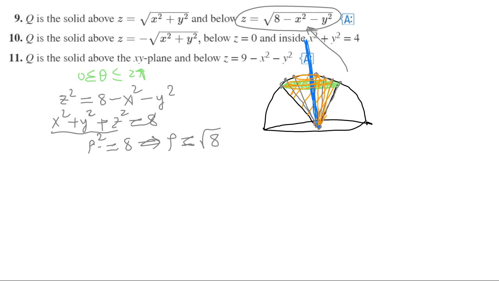The maximum value for phi is this, which represents the surface of the cone. I just mentioned it. This is a very important surface in spherical coordinates. So phi will be between 0 and pi over 4.